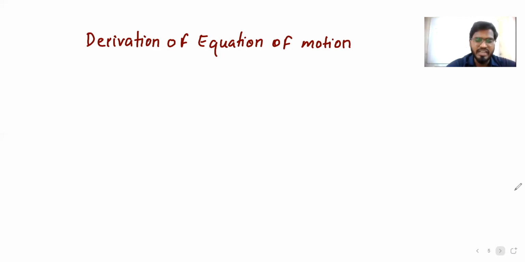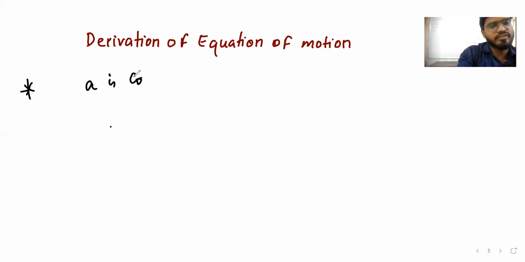Equations of motion. Actually, it is under gravity, that is also something we should consider. One more thing here, the biggest condition for these equations of motion that we should know is that acceleration is constant.